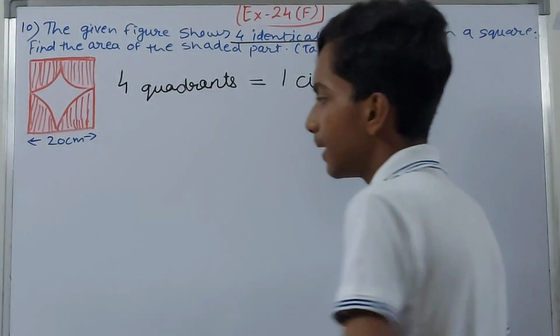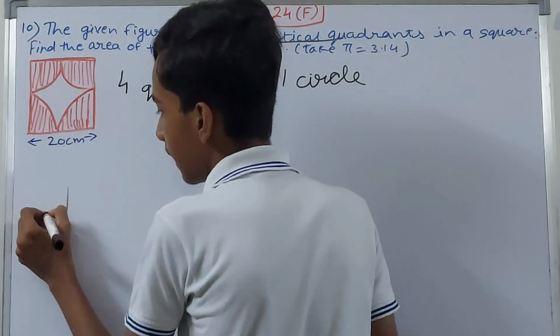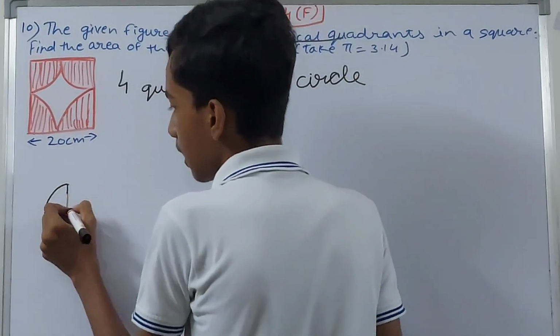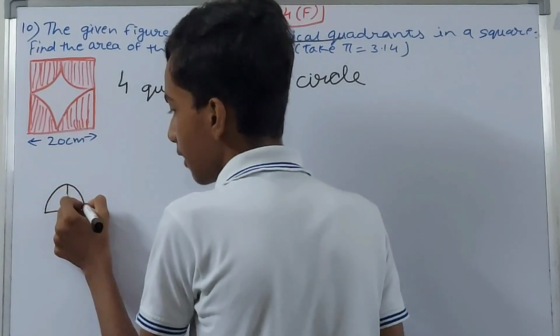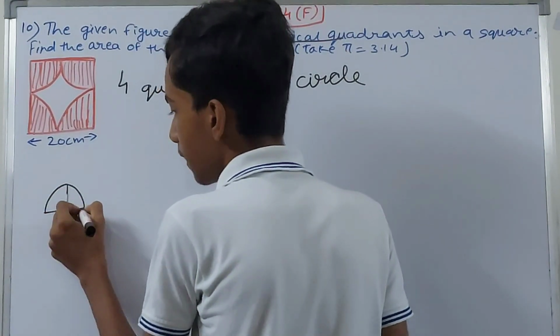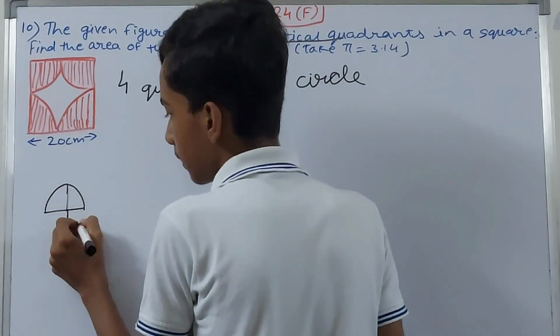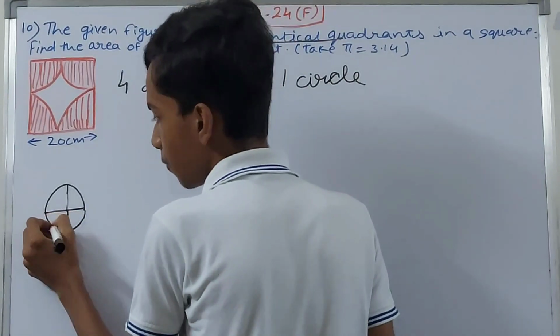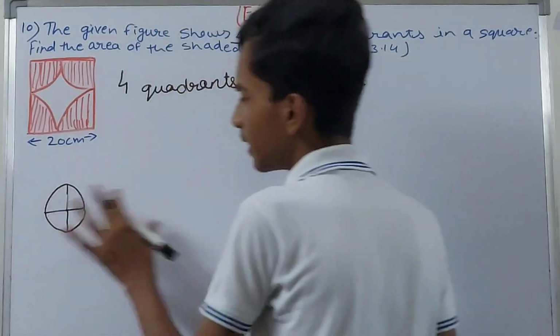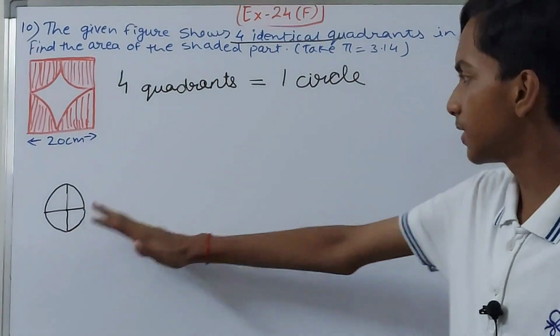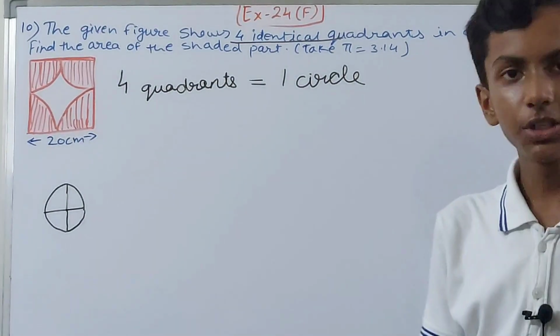See that 1 quadrant will be like this, another quadrant, the second one, now the third quadrant, and at last the 4th. 4 quadrants will make a circle somehow like this. This isn't a perfect circle, but it will come out like a circle only.